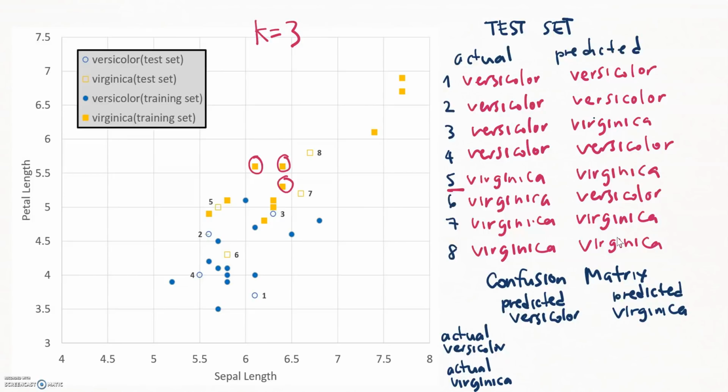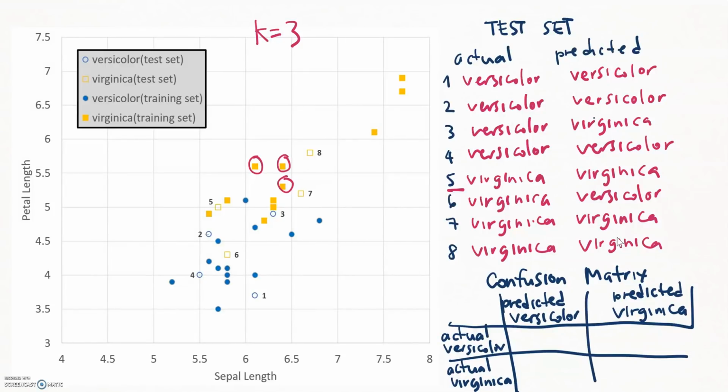So this is what a confusion matrix will look like. It compares the number of predictions versus the actual classifications.